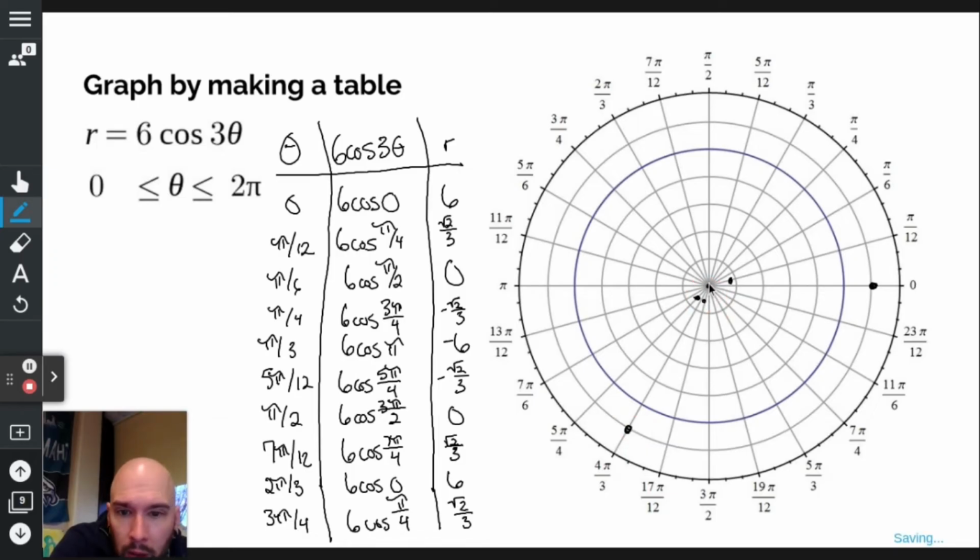Then 0. Then 7 pi over 12 is here, and then 2 pi over 3 is 6 here, and then wrap back around. I have one more, oh no, I'm good. Oh, I do have one more. It's going to happen right here.